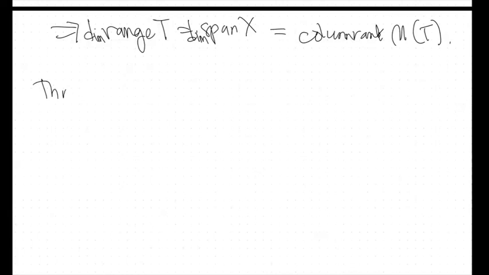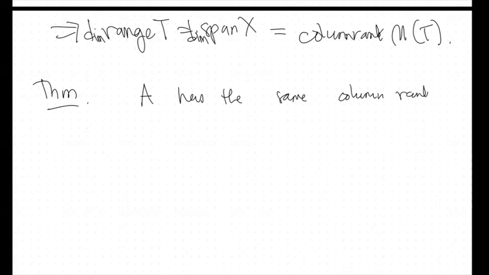Now, this is the theorem that is given in the example: if we get a matrix A, it has the same column rank and row rank. Okay, so how do we prove this?